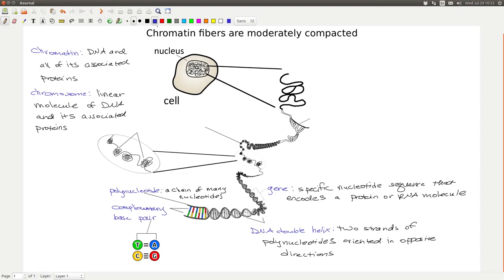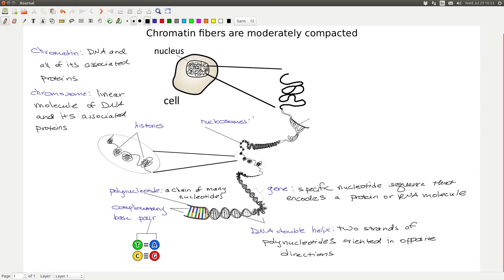The first level of packaging, or compacting, occurs when DNA winds around special proteins, which are these little gray circles here, called histones. You've got DNA wound around histones at regularly spaced intervals, and here you see these little units, and they are called nucleosomes.